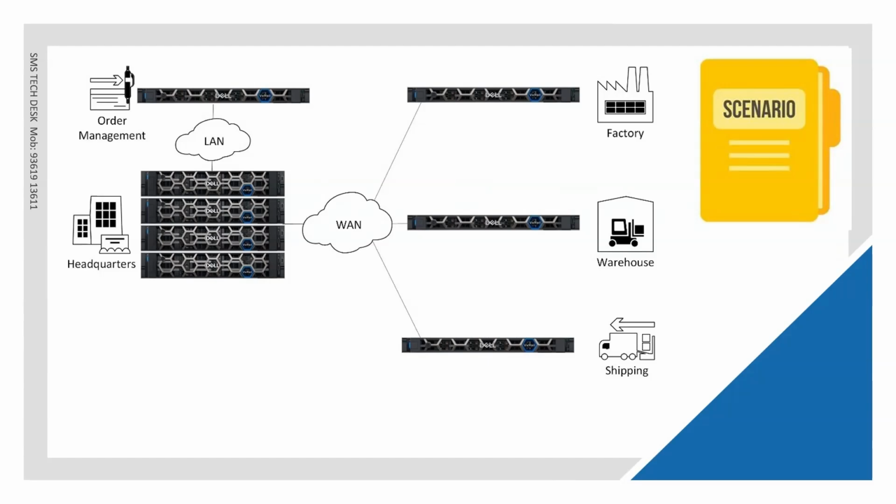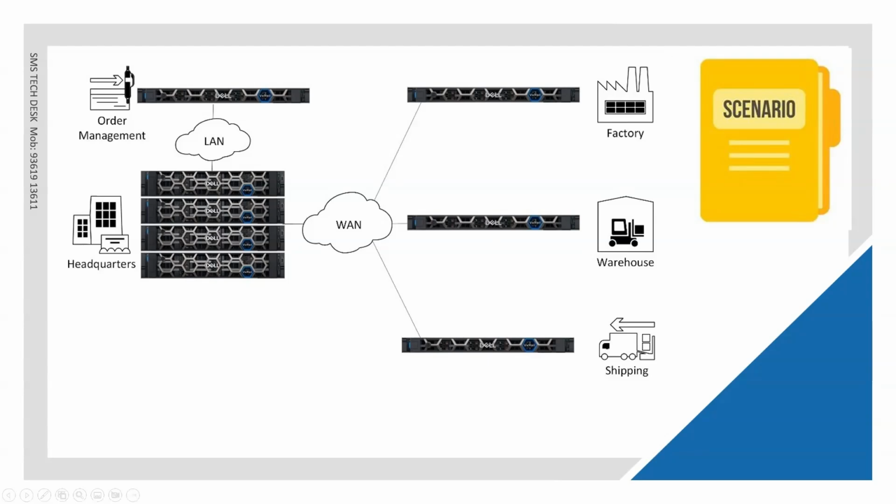At that time, they will place a single node at each location, and that can be managed from the headquarters. Even though it is a single node running at that particular location, it can be managed from the headquarters. But this satellite node is not part of the VxRail cluster.